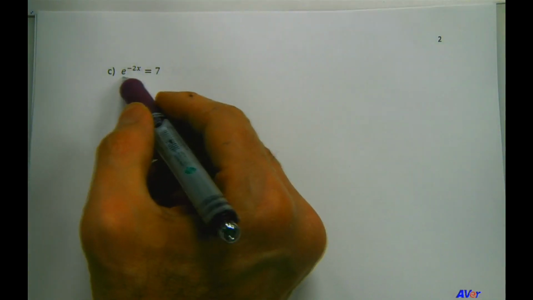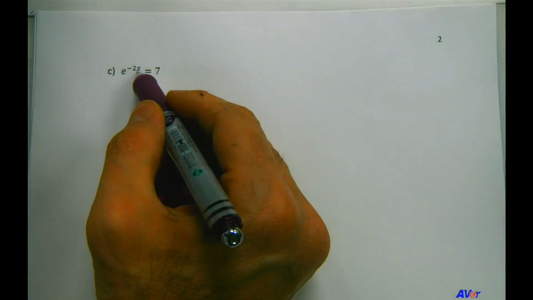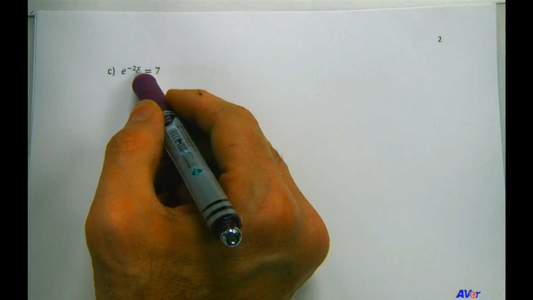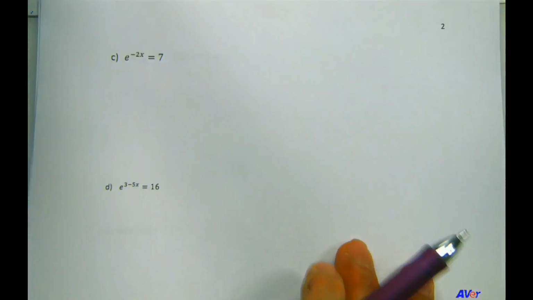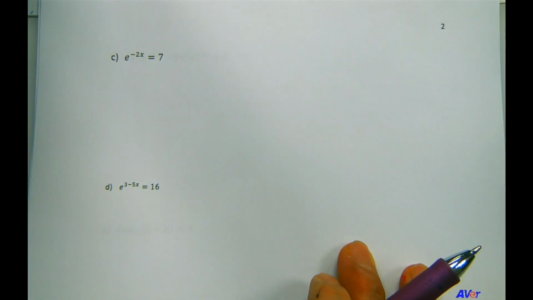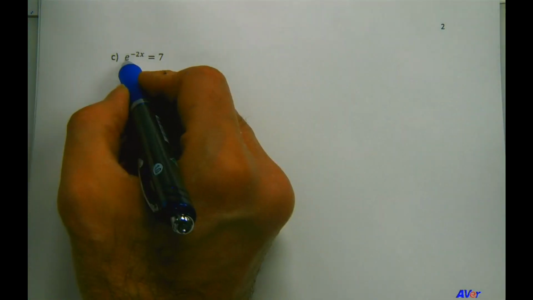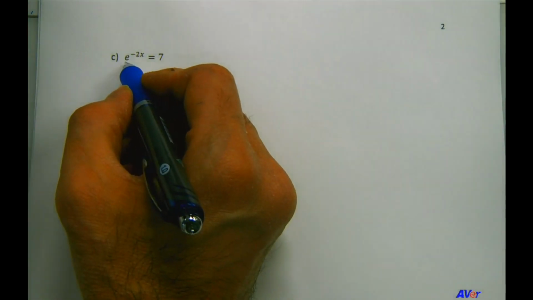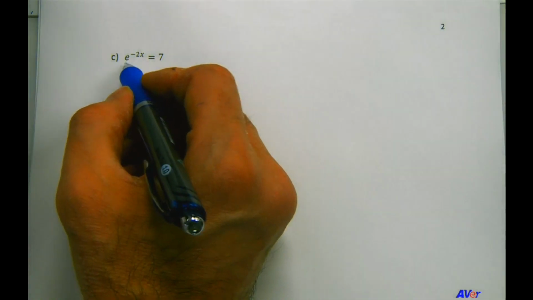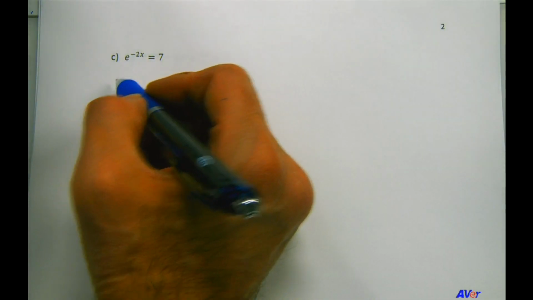So this one, we have e to some power that has the variable in it that we're looking for. Once again, the variable is in the exponent, so we must involve either log or natural log. I'm hoping that you've already solved this, by the way. Because the base is e, it's easier if we take the natural log of both sides.